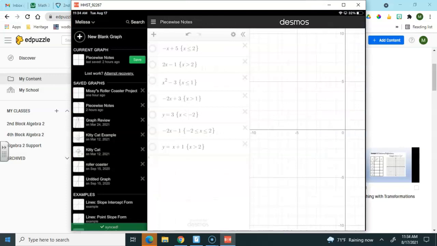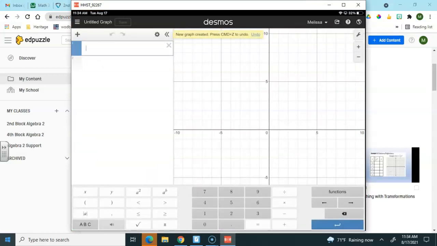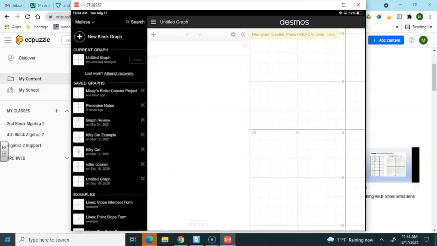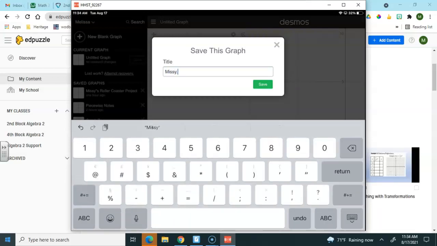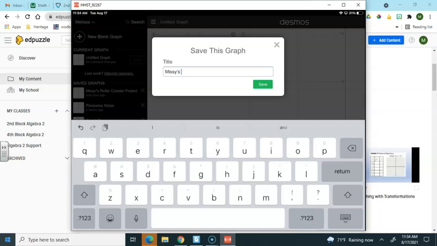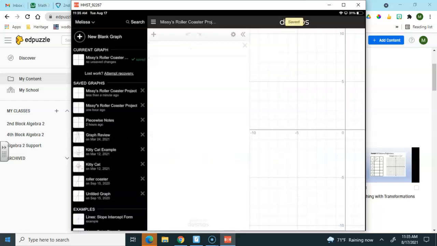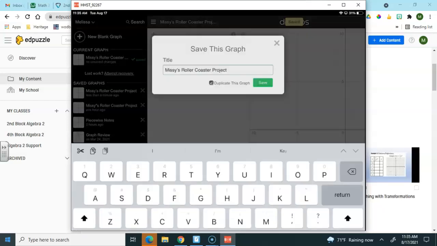Let me get a new graph, and I would label this graph Missy's roller coaster project. That way it's saved. I can see it over here.